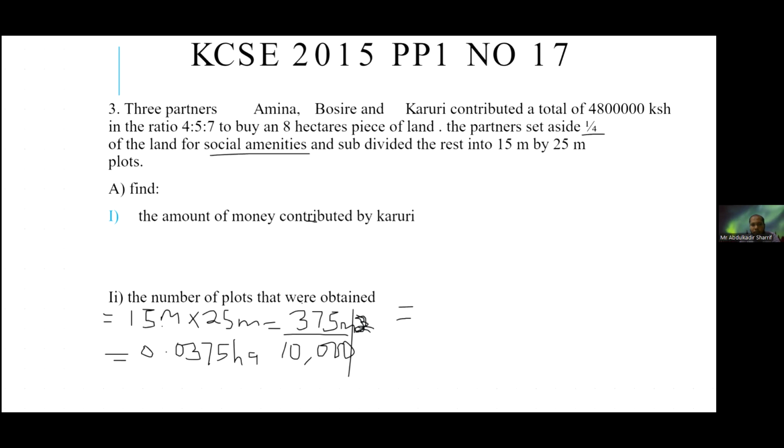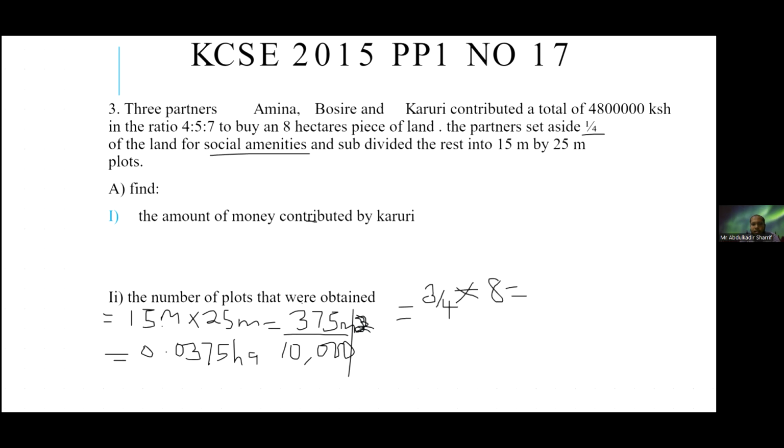The remainder is 1 minus a quarter, which is 3/4. It was used for making plots. So 3/4 times the total piece of land, which is 8 hectares, you'll get 6 hectares.